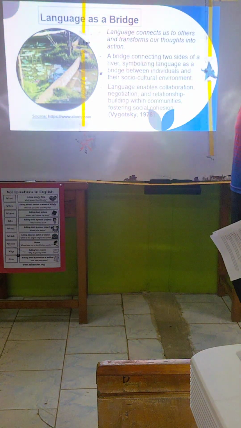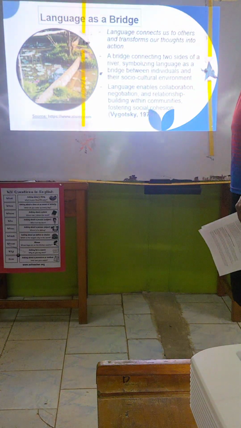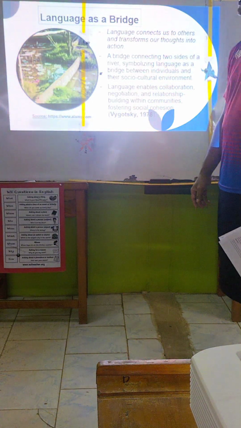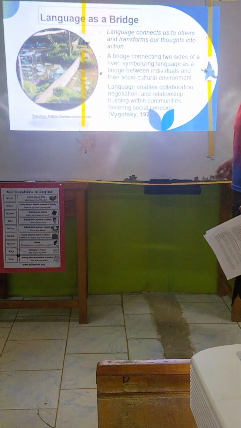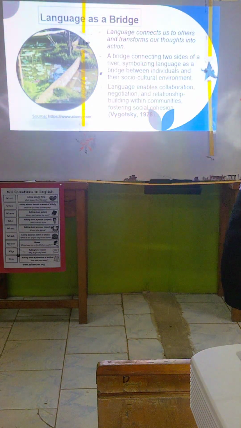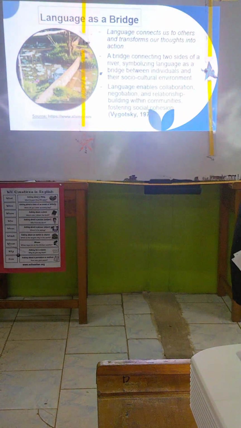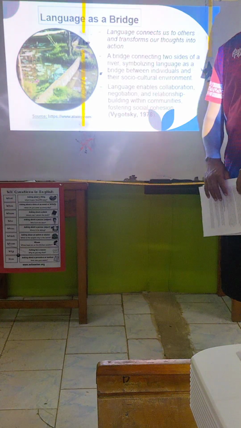A bridge connecting two sides of a river symbolizes language as a bridge between individuals and their socio-cultural environment. And language enables collaboration, negotiation, and relationship building within the community, fostering social cohesion. That was mentioned by Vygotsky.